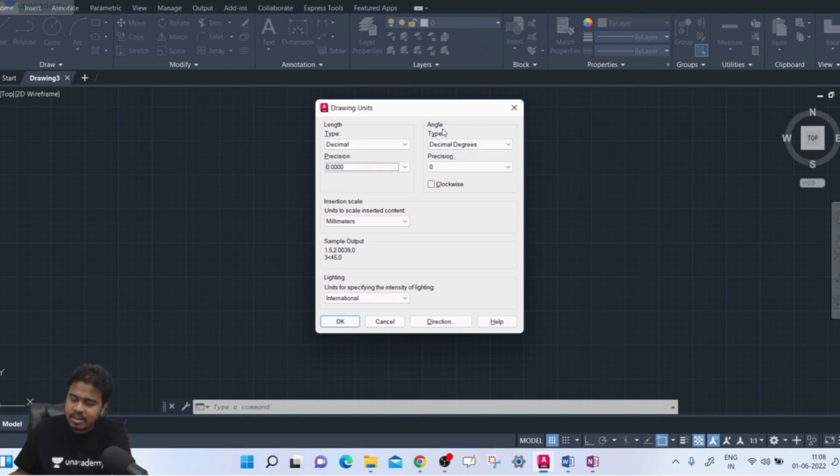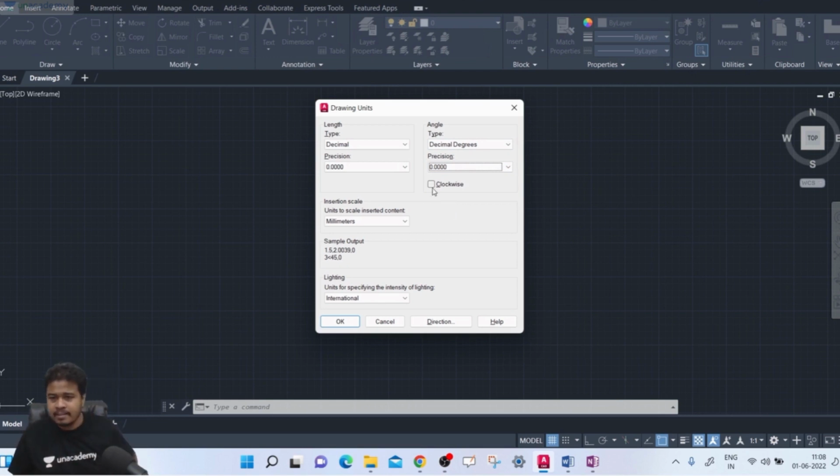Obviously there will be some requirement where you will have to draw a line at some angle. So for that angle, I am defining decimal degrees, and for precision again I will set up to 4 places of decimal. This is the standard which we are going to take as of now.